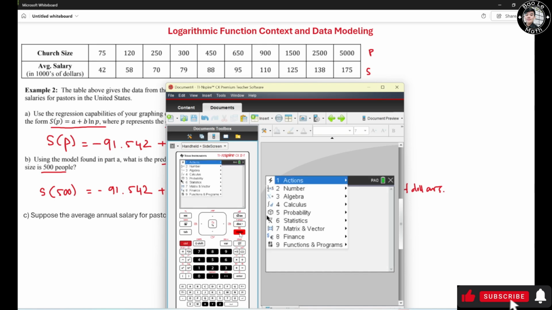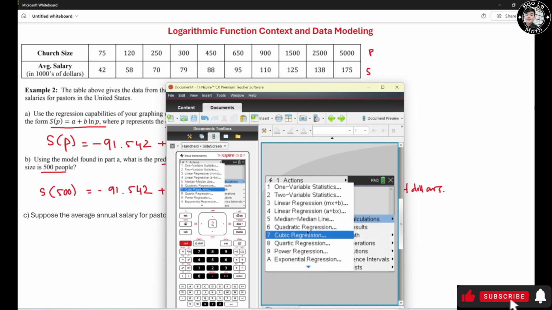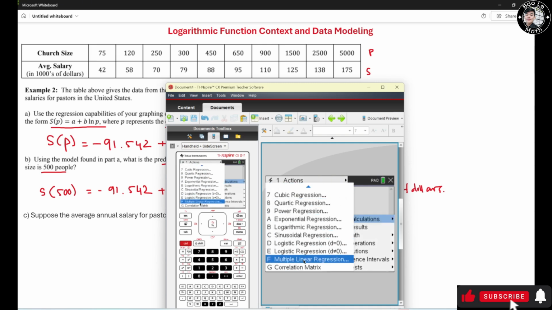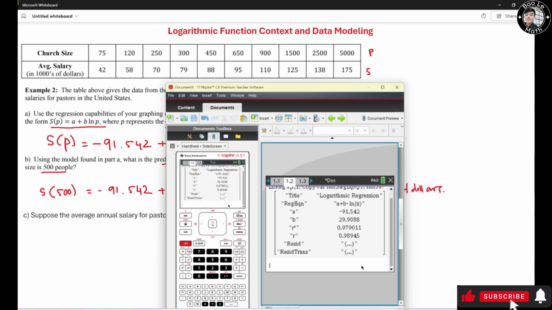Now you hit menu, number, stat calculations, and then go to logarithmic regression right here. Hit enter. Right, X list, which means P, Y list, which means S. Now remember that you stored the function as f1, right? And then you hit OK.